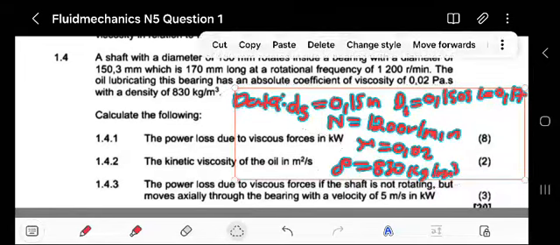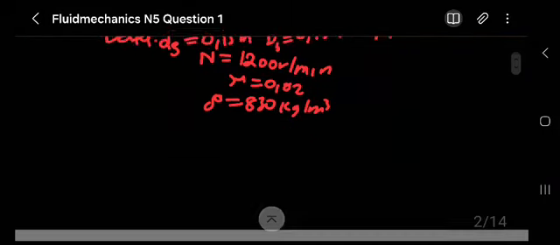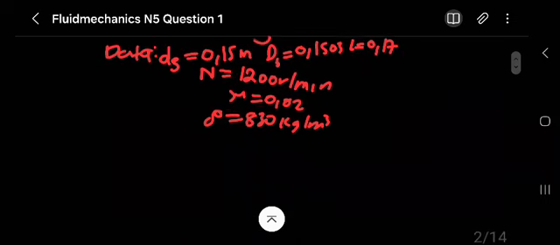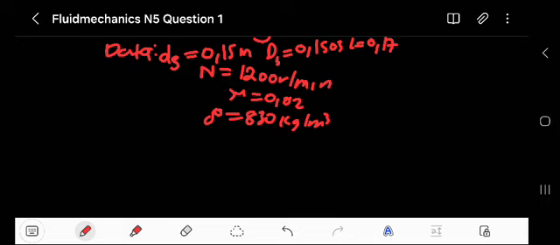So let me write here on a clean sheet. This is what we have, guys. This will be our data there.